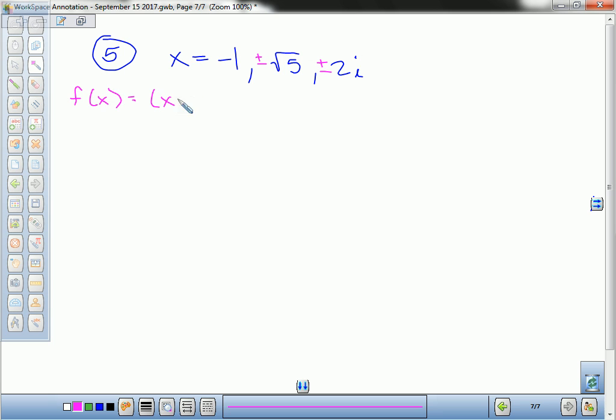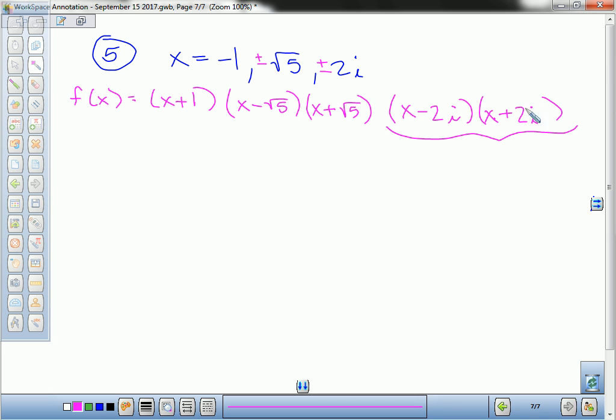x plus 1, x minus root 5, x plus root 5, x minus 2i, and x plus 2i. All right, so I'm starting with my opposites. I'm going to go with these two first. x times x, x squared.